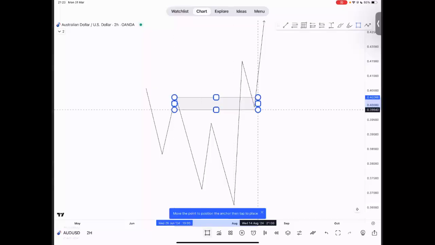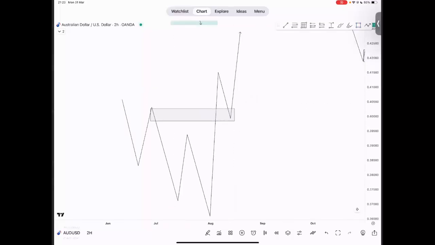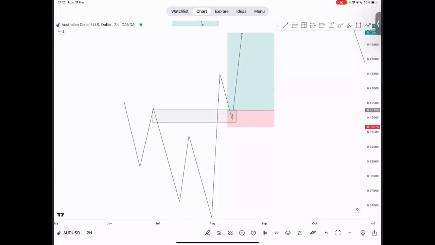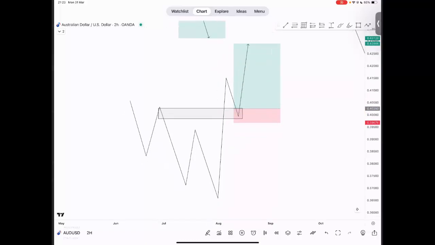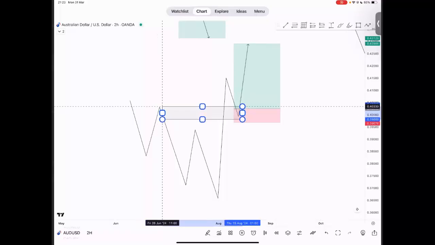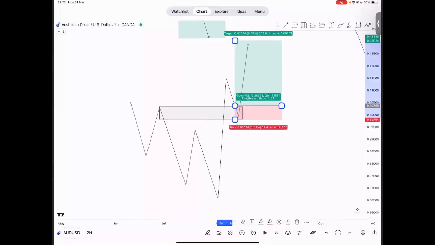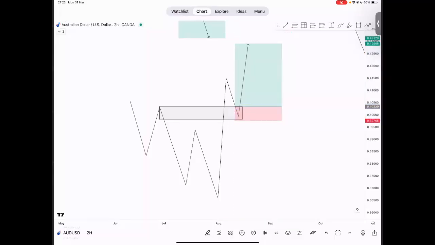But in this sense, it's going to be a bullish breaker block opportunity. So the failure of a supply zone or a bearish order block with little or no reaction to it is going to create a bullish breaker block, just like this.